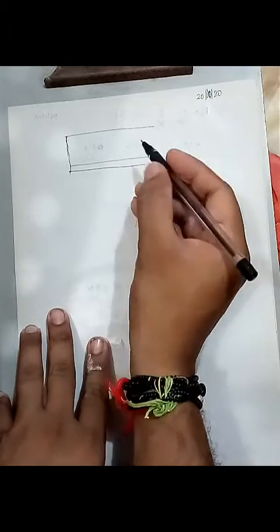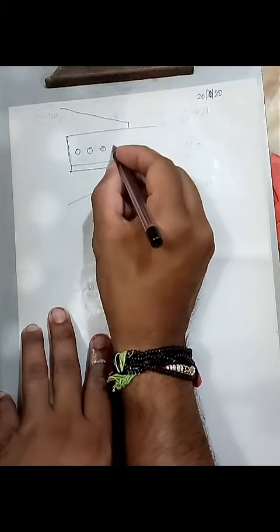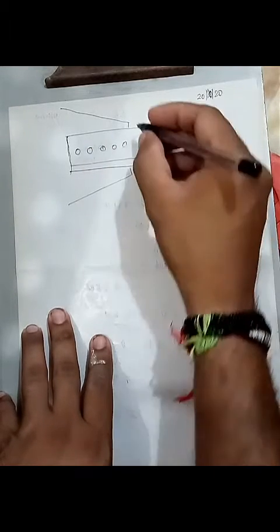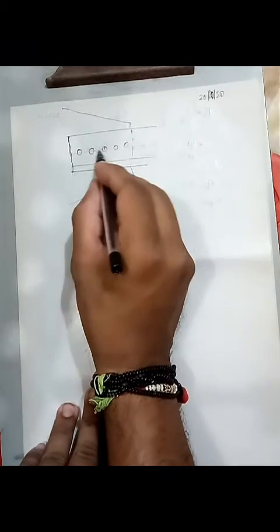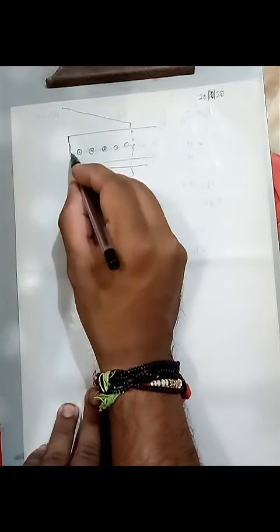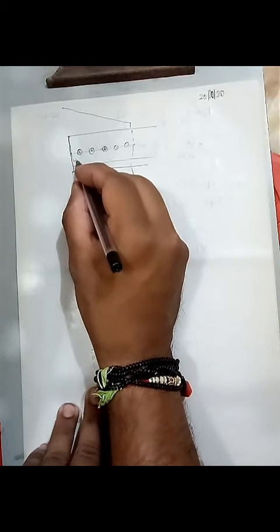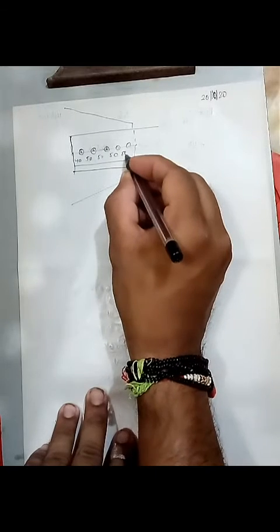So see here, this is an angle and this is the gusset plate to which we are going to connect the angle, and these 1 2 3 4 5 are the bolts which we got. We have already got the pitch and edge distance. So this is 40, this is 50, 50, 50, 50.